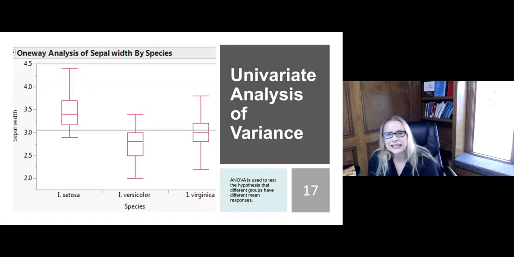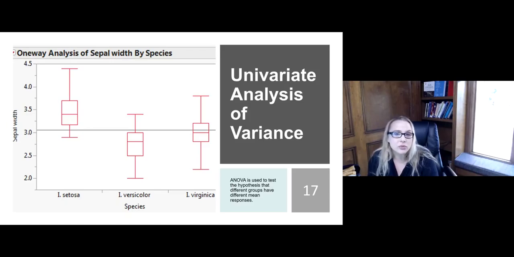So let's look at an example here to draw more of a concrete understanding of what we are doing from this analysis. And to do that, let's revisit what we were doing with univariate analysis of variance. If you recall, when we are looking at an ANOVA, we are looking at the distributions to see if there are differences across the groups.